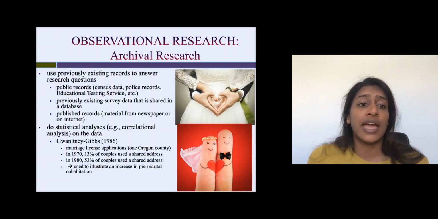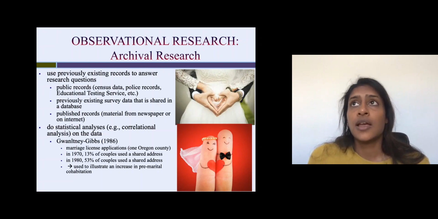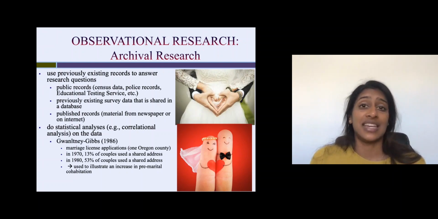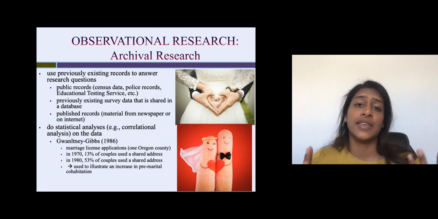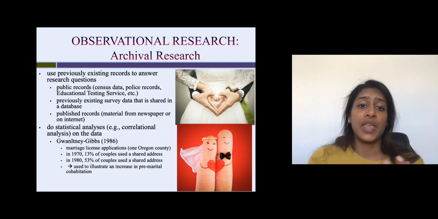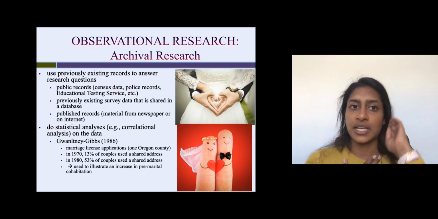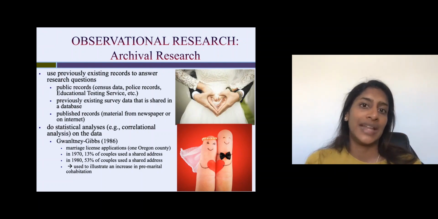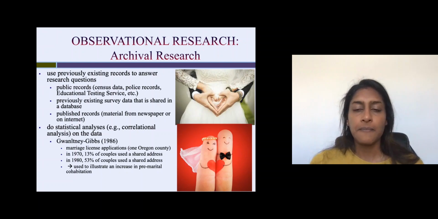So we can look at previously existing records, and we can use those data points to help answer research questions. Things like census data or police records, right? These are data points that already have been collected, and it may not have been used for what the research question that we particularly have, but we can go back and reanalyze that data.